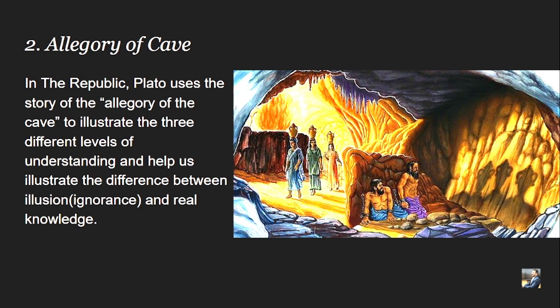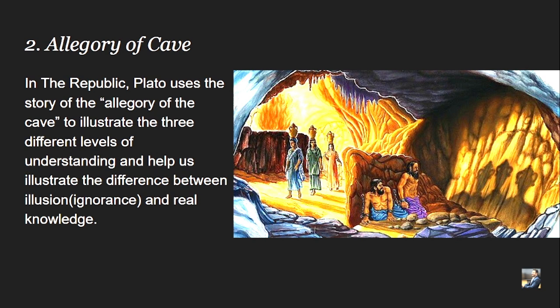Okay, so to prove his various theories, like the theory of forms, which we will be doing in further lectures, and then again his theory of justice, he has continuously mentioned this allegory of the cave, or the example of this cave, how there are people who are ignorant being inside the cave and not willing to accept their ignorance and embrace the true knowledge. Okay, so let's see what his allegory of the cave is all about.